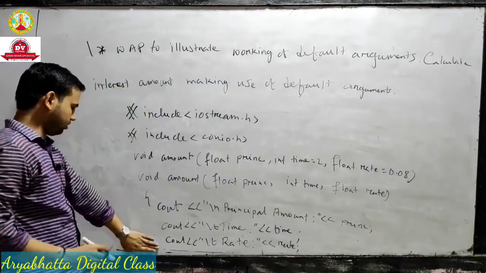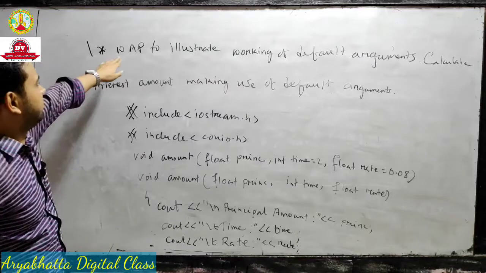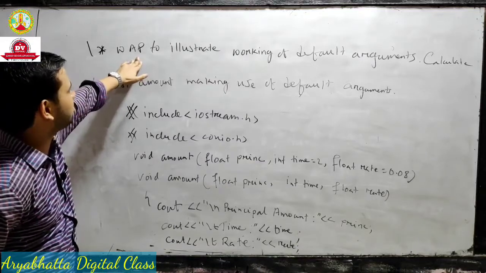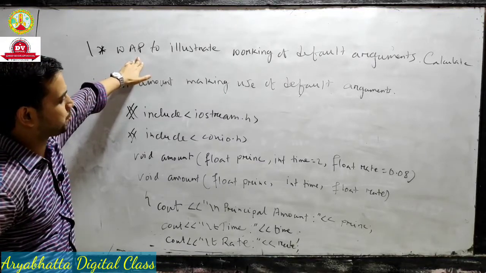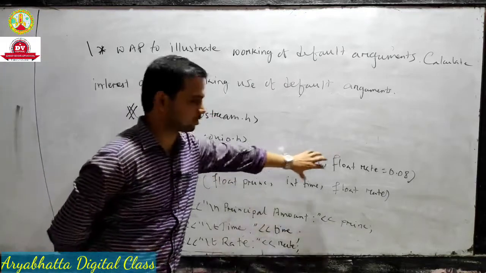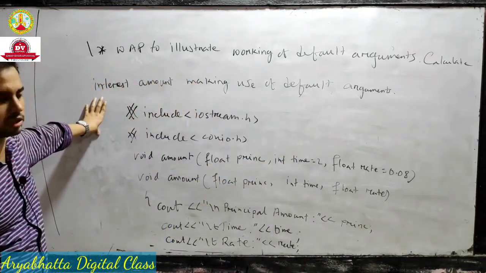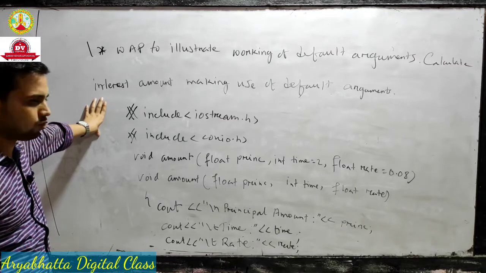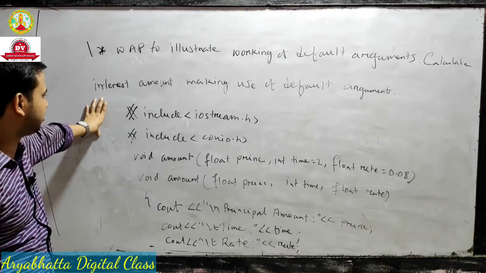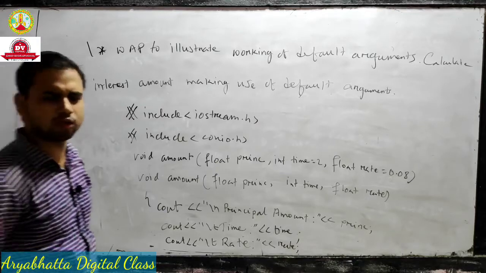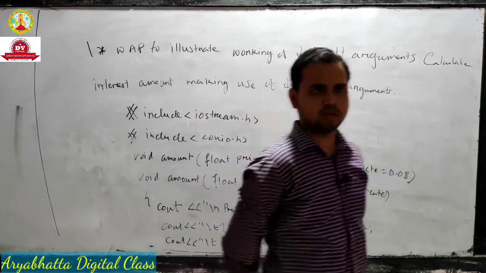First of all, I tell you what is the objective of the program. Write a program to illustrate the working of default arguments. Default arguments mean this concept. Calculate interest amount making use of default arguments. We have to find the interest amount. You already know the simple interest formula. What is the formula for simple interest?